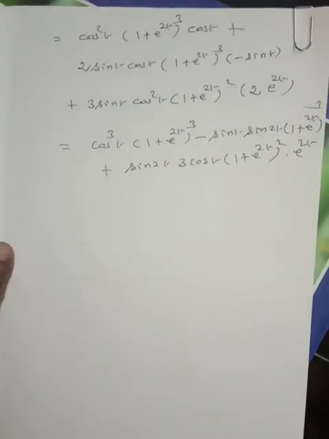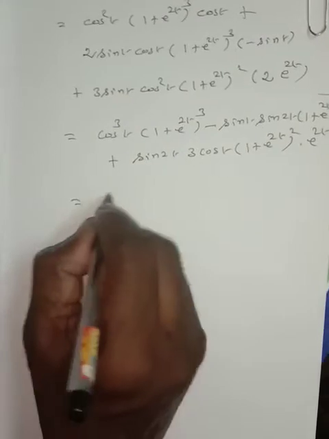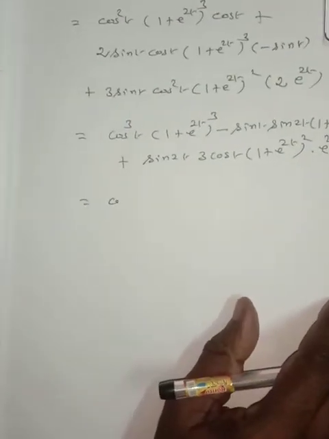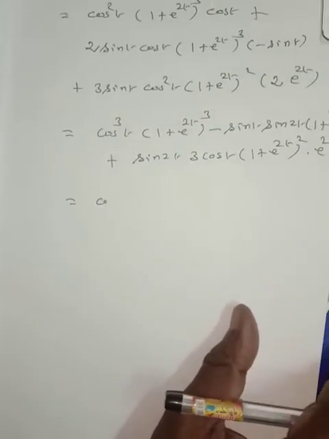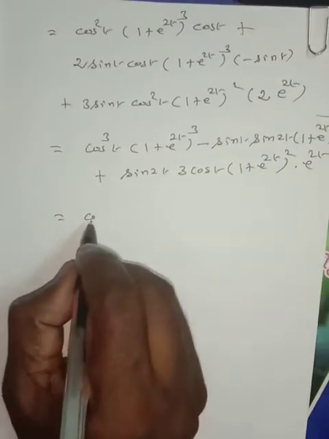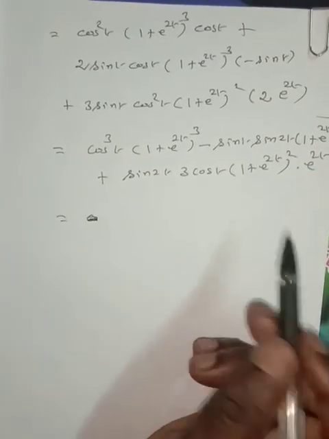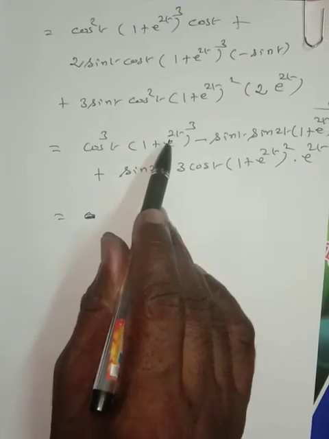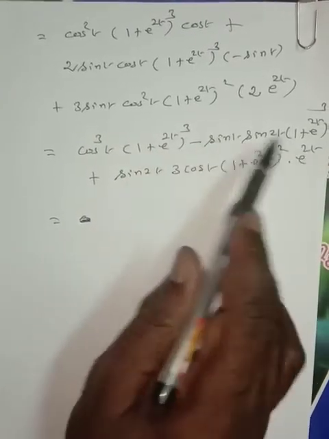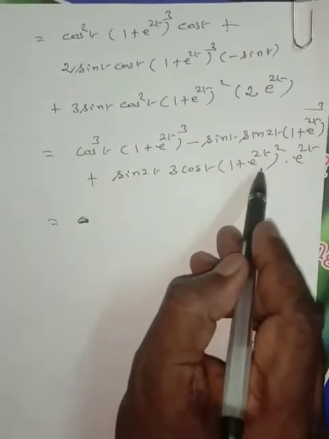Next is cos³ t. Now, (1 + e^(2t)) whole square is common. Here the minimum power is 2.